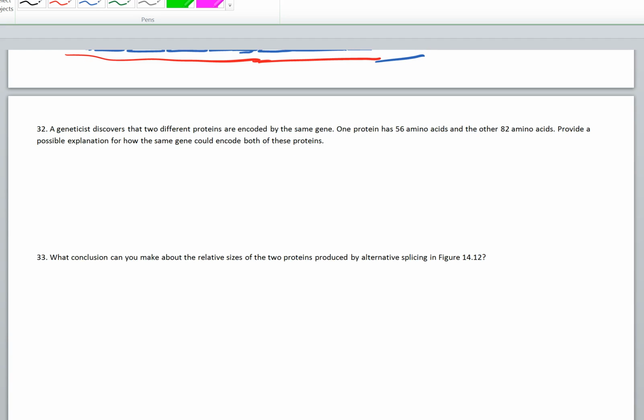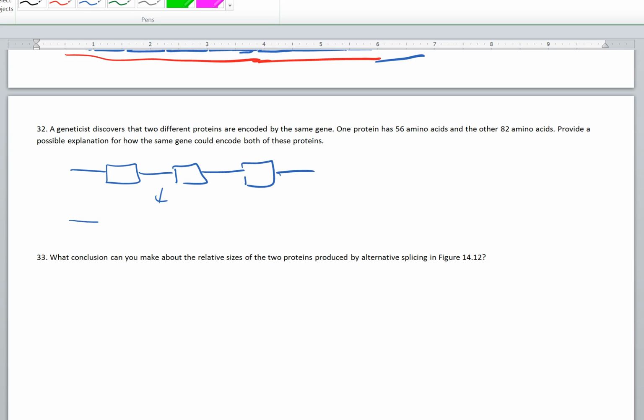A geneticist discovers two different proteins encoded by the same gene. One has 56 amino acids, the other 82. Provide a possible explanation for how the same gene can encode both proteins. Lots of different possible explanations. Let's go with a simple one. Let's say we got our normal gene, and sometimes it gets spliced like that, and then this makes a protein of 82 amino acids.